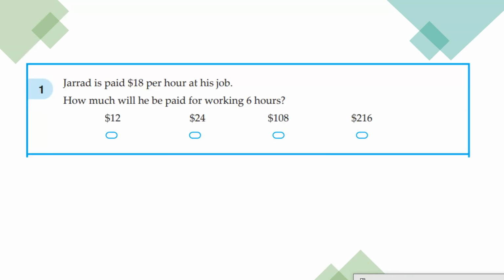So, Jared is paid $18 per hour at his job. How much will he be paid for working 6 hours? Well, you've just got to multiply the hourly rate, which is $18, by the amount of hours that he works, which is 6. And 6 times 18, hopefully we know that 6 times 20 equals 120, because 6 times 2 is 12, and then you just add the 0.